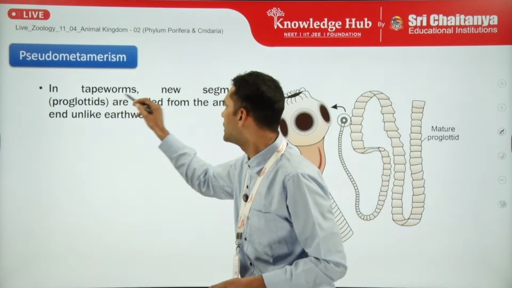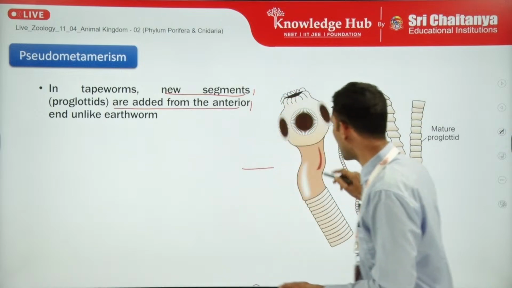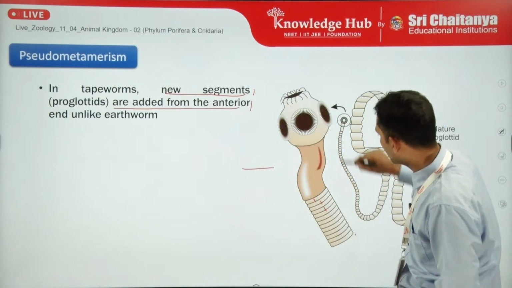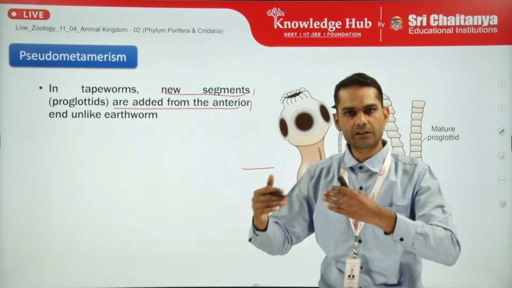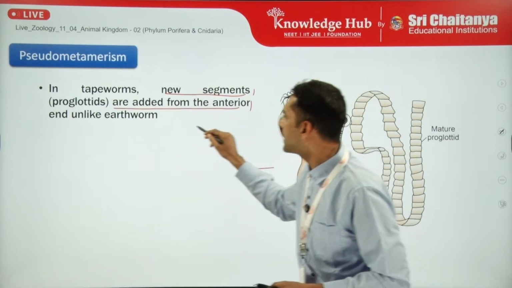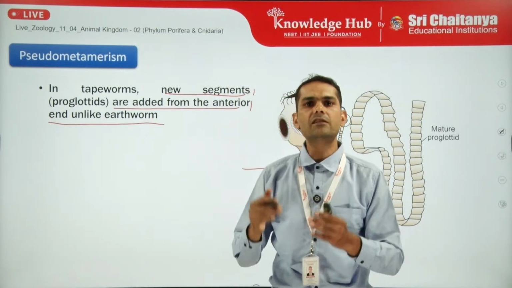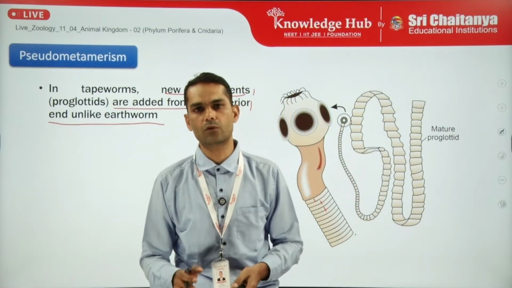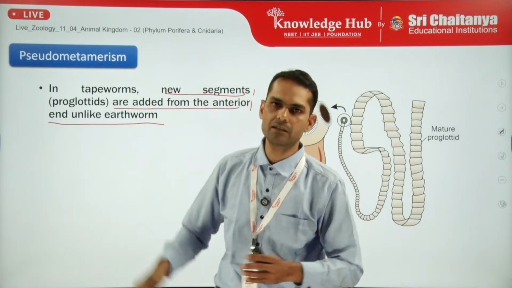In the tapeworm, new segments, proglottids, are added from the neck region, one by one, and as the segments move further they mature, and in this way the whole body is divided into different segments. Unlike the earthworm, there is no serial repetition, and there is no coordination between individual segments. So this is the example of pseudometamerism. The only example you have to learn is the Platyhelminthes or tapeworm.